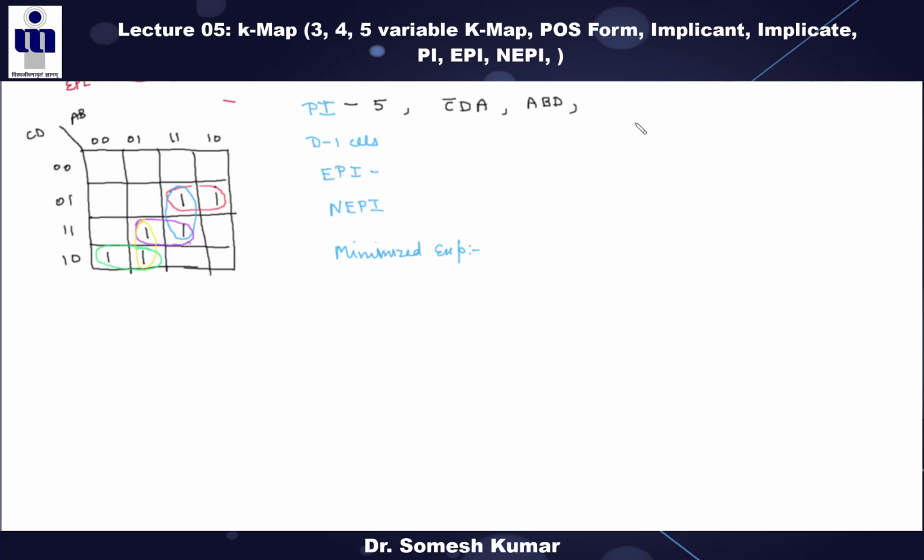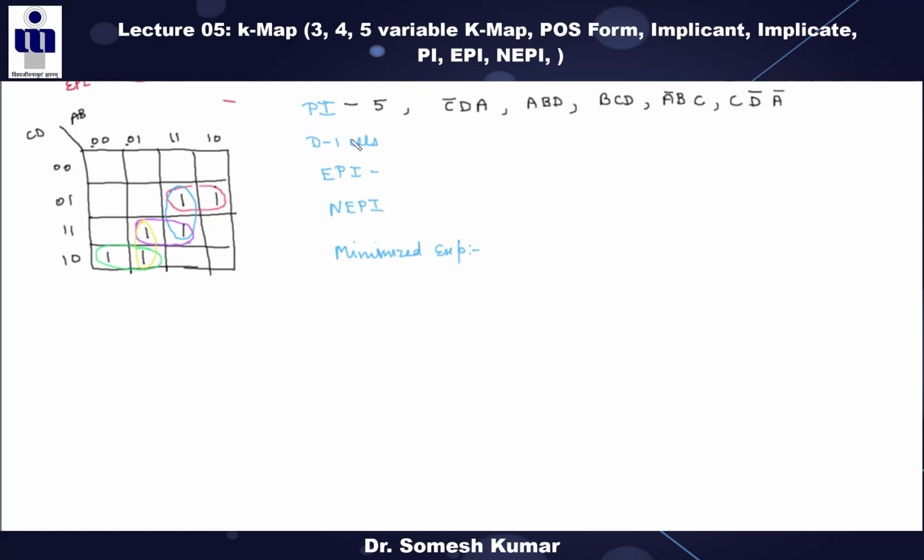This one, what is the output? BCD, right? What is the next PI? The yellow one: A bar, B, C, right? What is the next PI? This green one: C, D bar, and A bar, right? Clear? These are your 5 PIs.